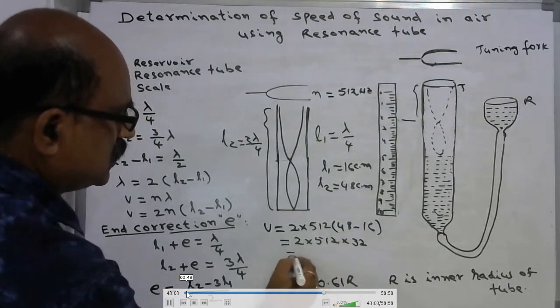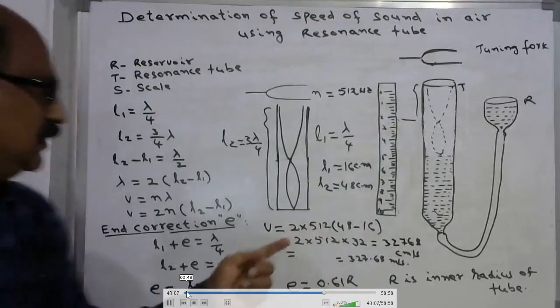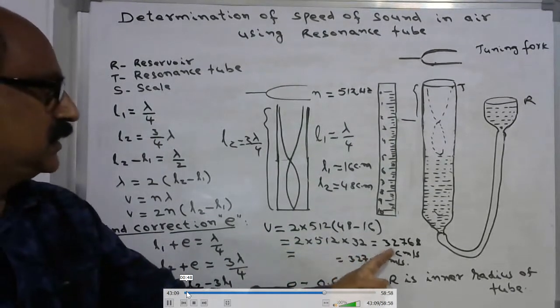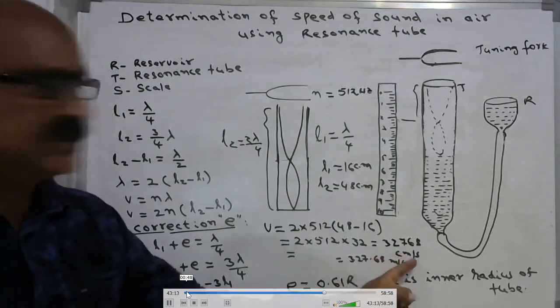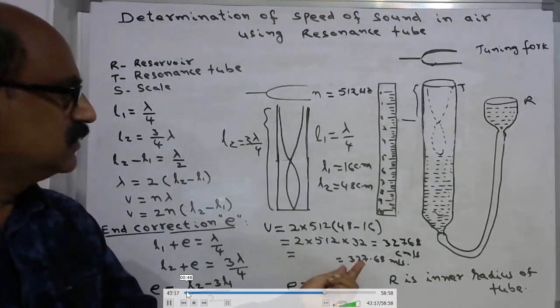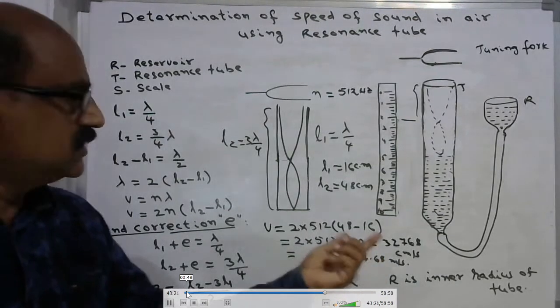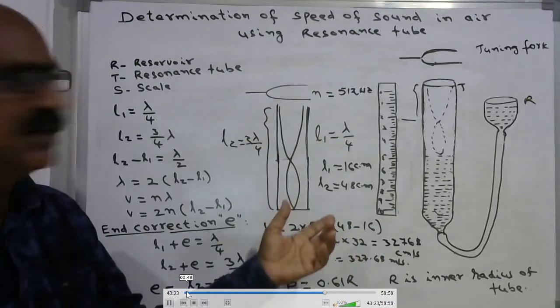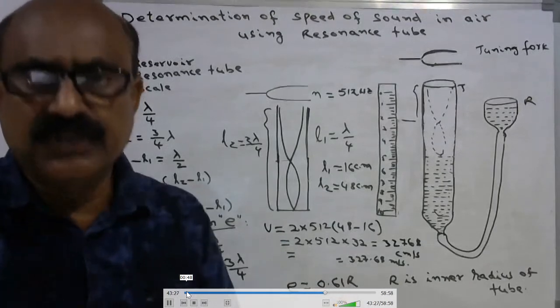So this comes to 32,768 centimeters per second, which is equal to 327.68 meters per second. This is how we can determine the velocity of sound at room temperature.